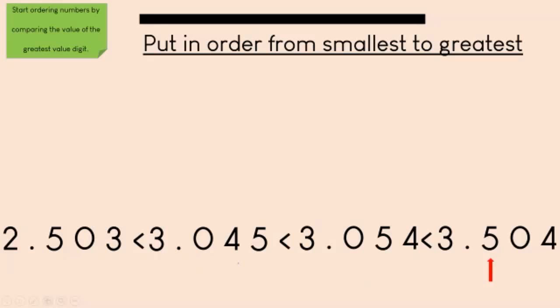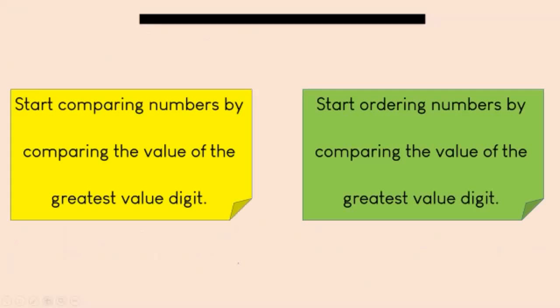Okay, so if we're comparing, we start comparing by comparing the value of the greatest value digit, and if we're ordering, we start ordering numbers by comparing the value of the greatest value digit. All right, that's it from me, and it's over to you for you to do it.